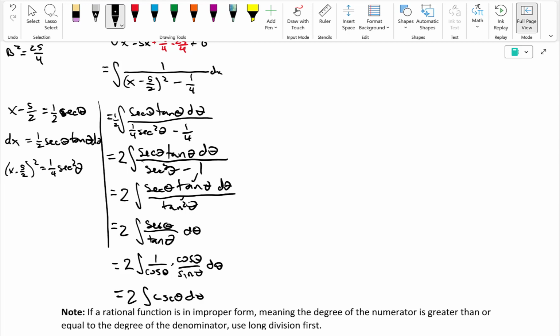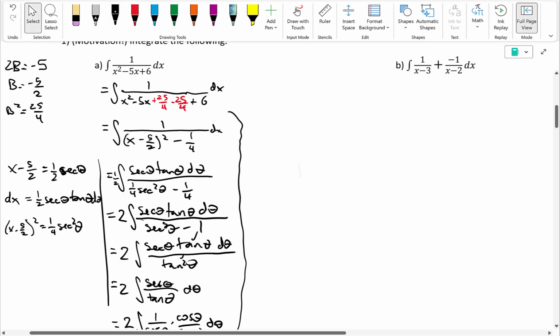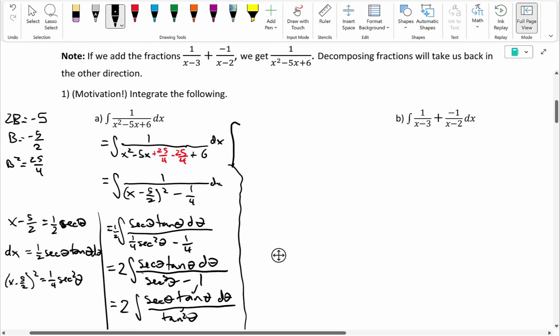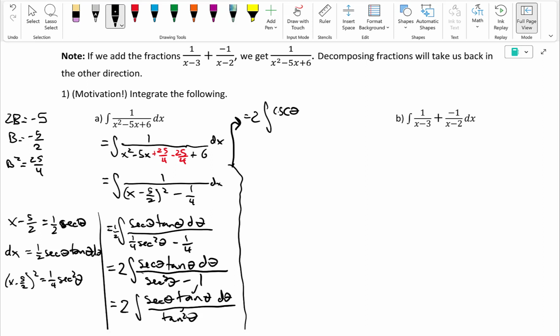All right, and if you don't remember how to integrate cosecant, or if you haven't done it in a while, or we haven't done it together yet, it's similar to secant, where we've got to multiply by the correct something. The something we're going to multiply in this case by is cosecant theta minus cotangent theta.